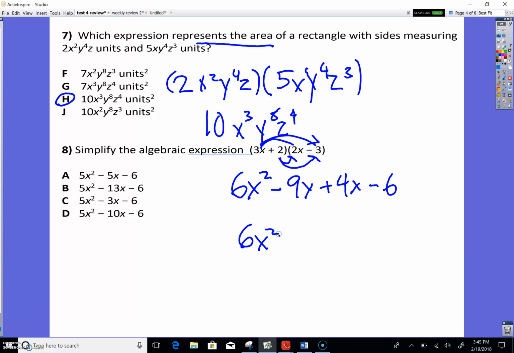6x squared minus 5x minus 6. Oh, Mr. Lee, this should be 6. Lots of mistakes, huh? That's what happens when you go too fast.